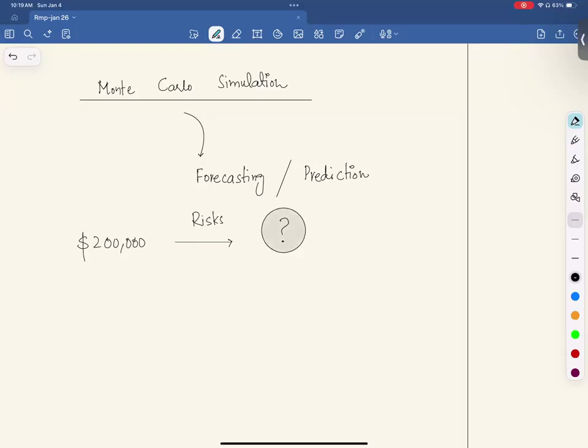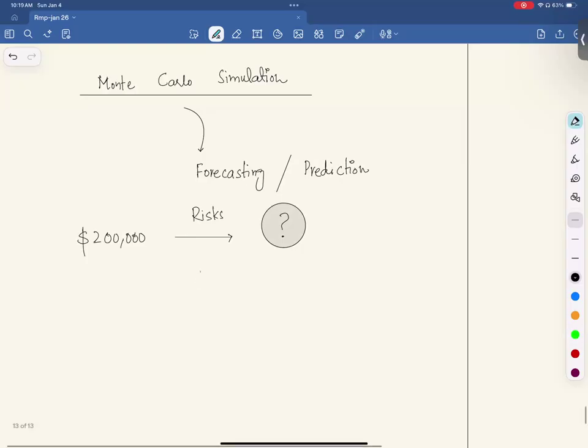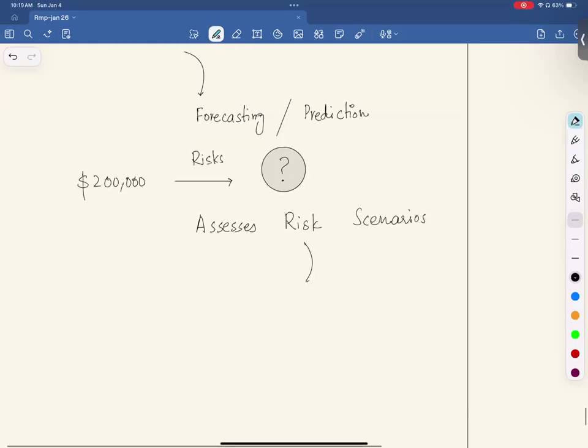This is the job of Monte Carlo simulation. Monte Carlo simulation assesses millions of risk scenarios, potential scenarios, and based on that, it predicts the most probable scenario.